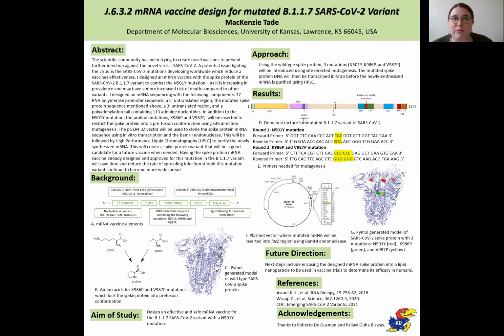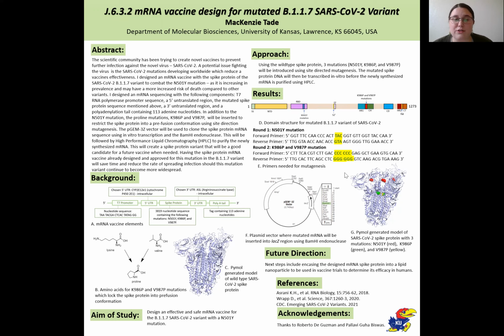After mutagenesis, when we have the mutated DNA of the spike protein, we are able to clone it in a plasmid vector. And so I designed my experiment to use the PGEM3Z plasmid vector and the BAM-HI endonuclease to create or to clone the mRNA.